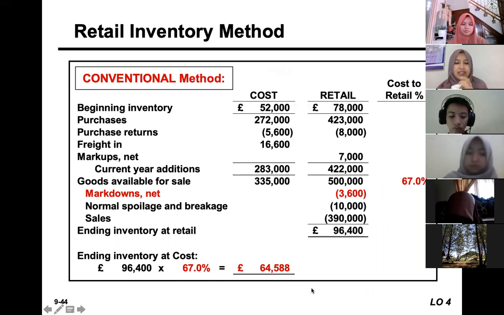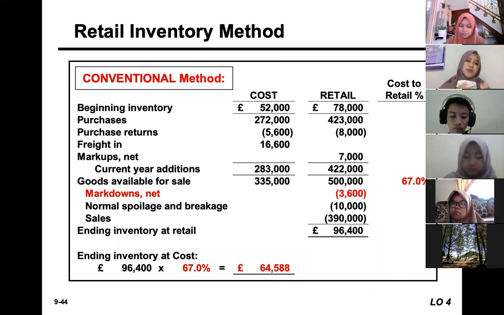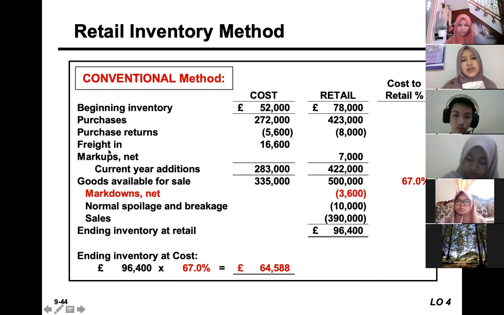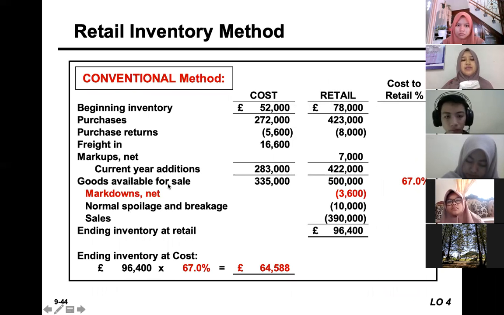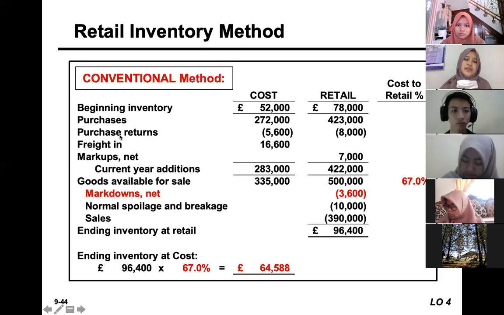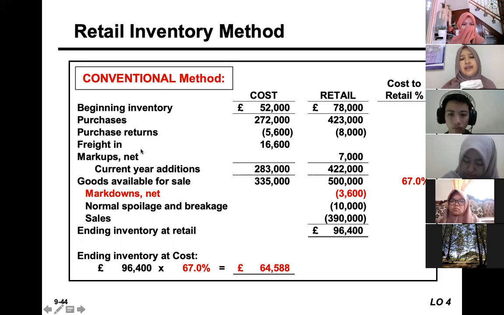Okay, using the conventional method or the lower of cost or net realizable value, for the calculation of goods available for sale we only consider the markup, not the markdown. Markdown will be deducted after the goods available for sale. So take the beginning inventory plus purchases minus purchase returns plus freight in, and then plus the net markup. Why do they say net?